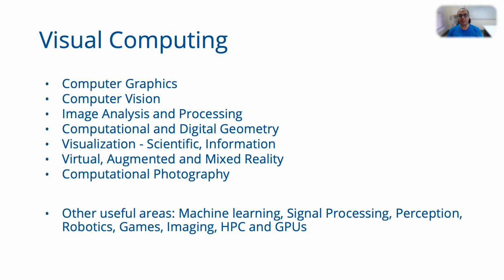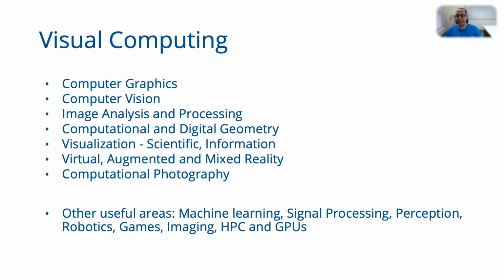In fact, people will say that image processing is nothing but signal processing, just like there are a lot of machine learning methods that are used in computer vision. So many people might say that computer vision is just machine learning, which is not strictly true, but okay, a lot of machine learning is used in computer vision these days.